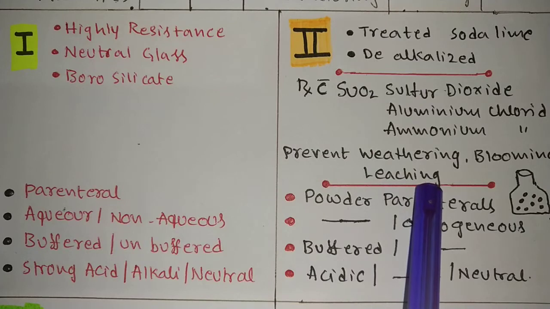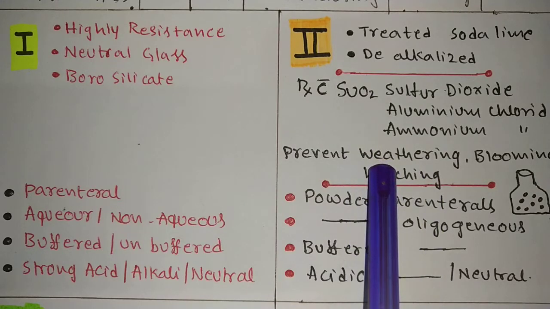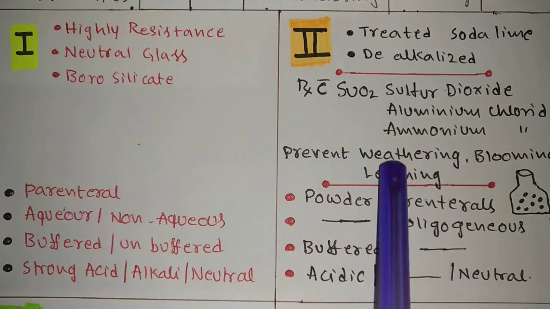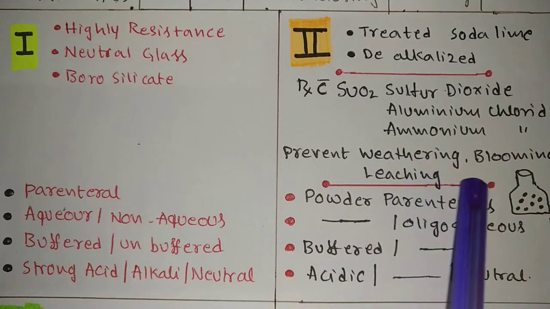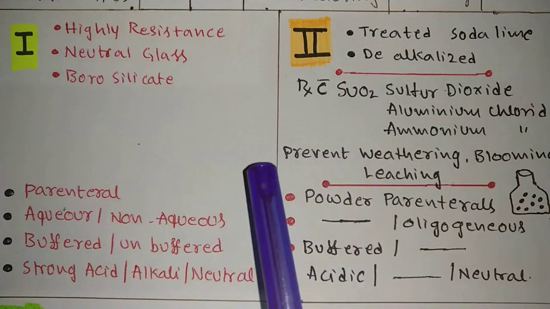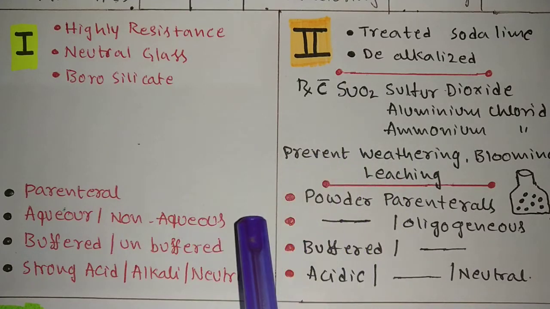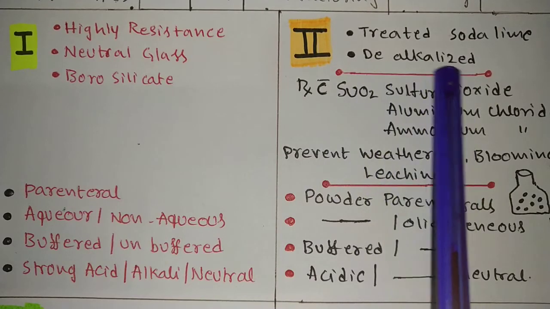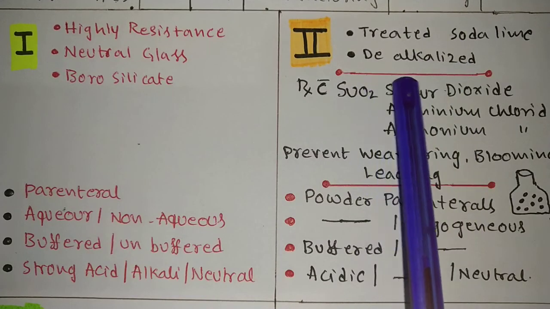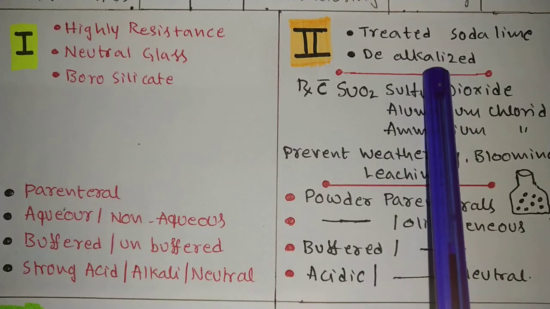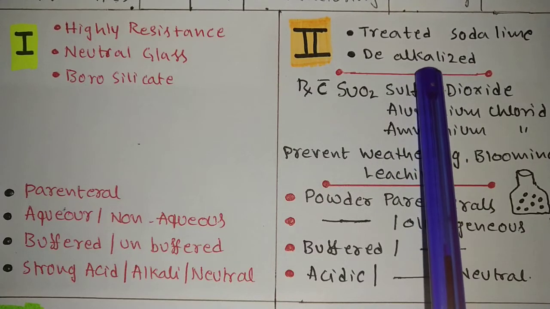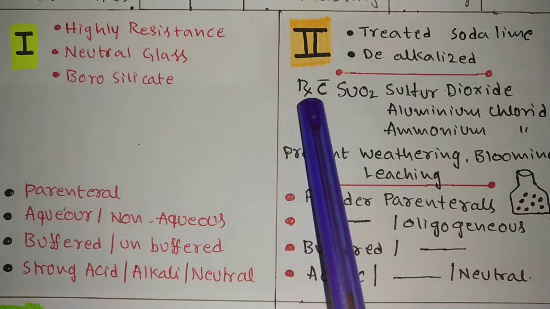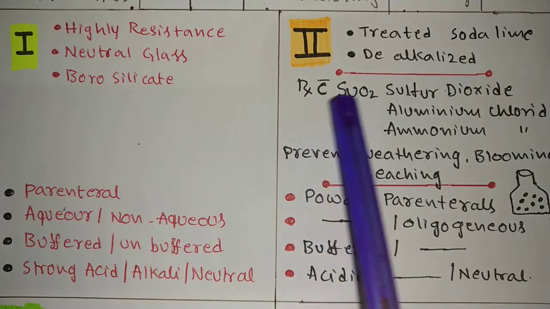This leaching we can also call weathering or blooming; all these three are the same. So we can avoid the leaching problem here. This is called a dealkalized glass, because we blocked the alkali by giving an inner surface treatment with the chemicals.